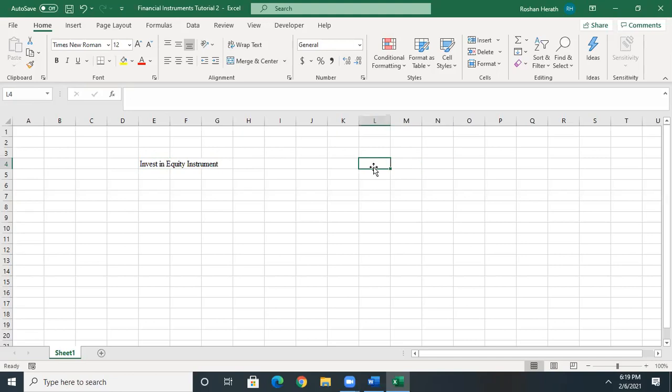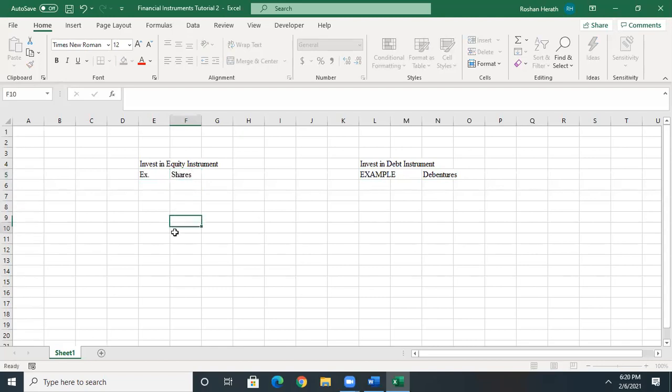The other option is to invest in debt instruments. Put simply, you can invest in shares or you can invest in debentures. Investing in shares is an investment in equity instruments, while the other is investment in debt instruments.